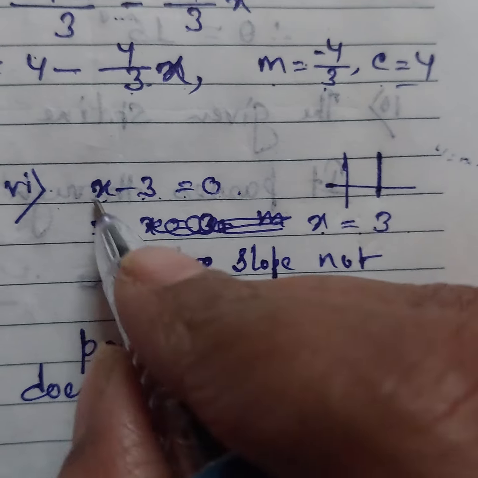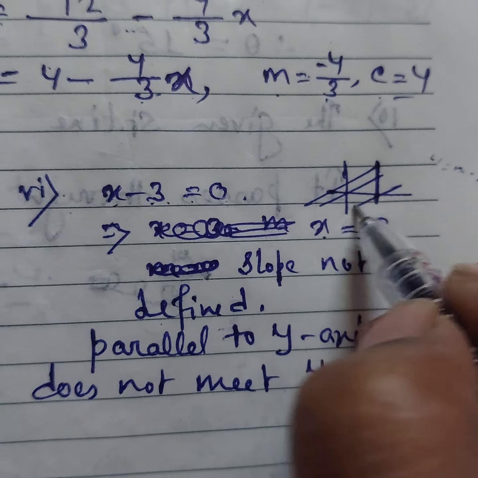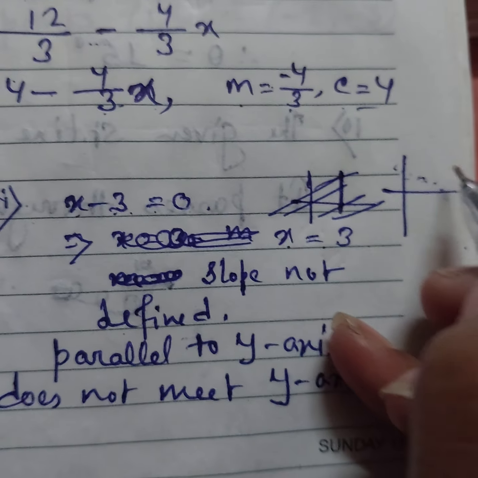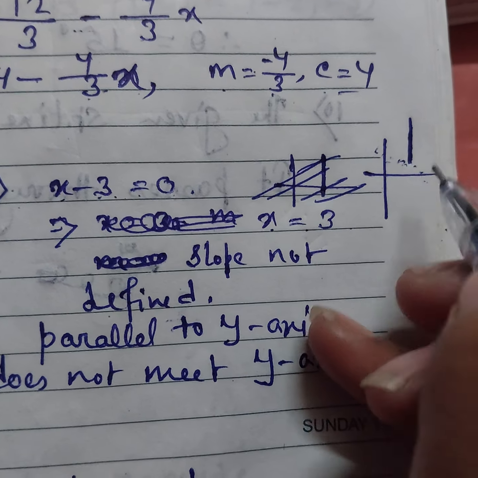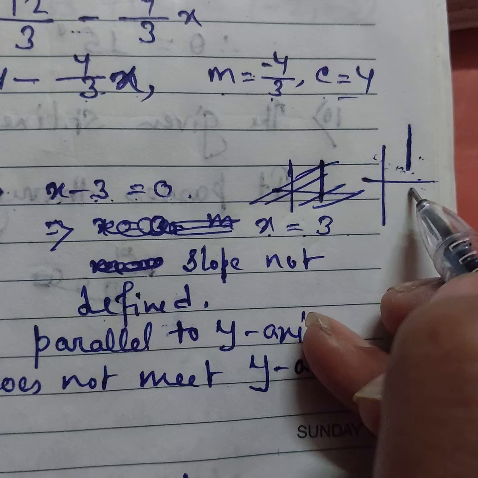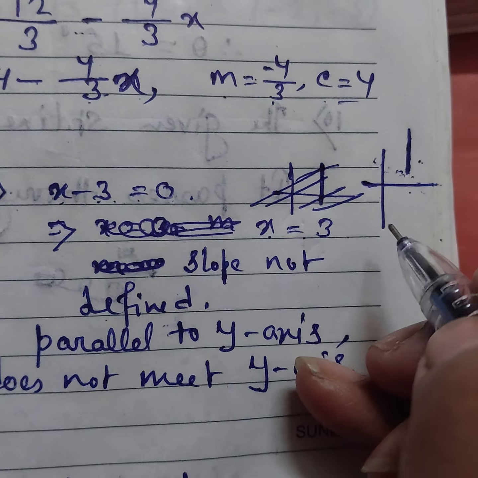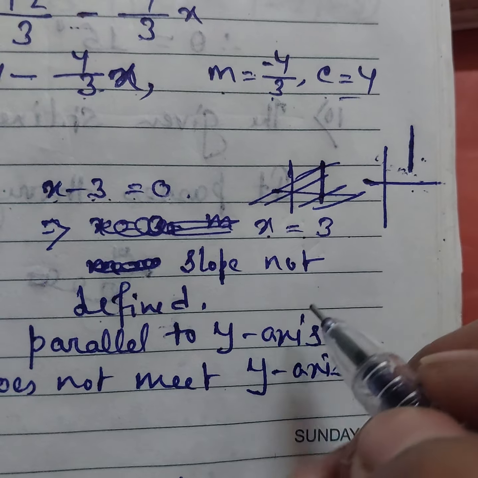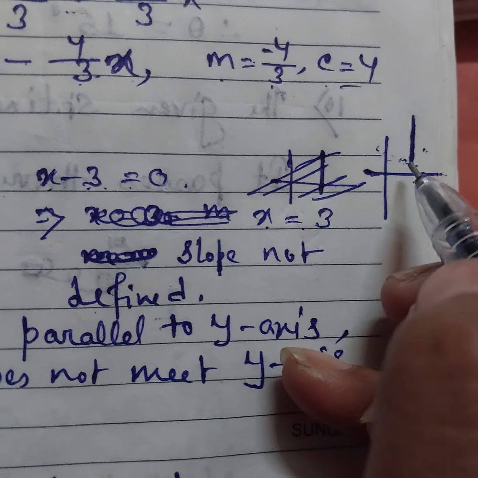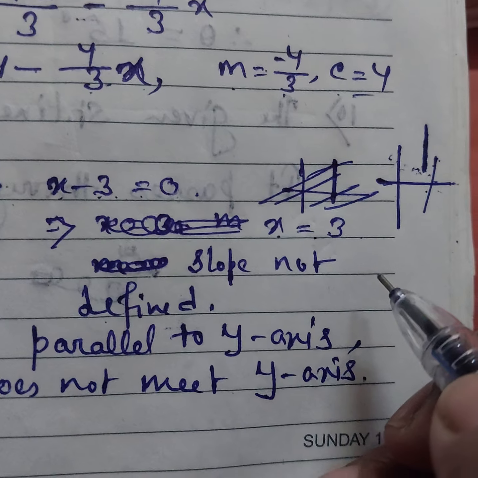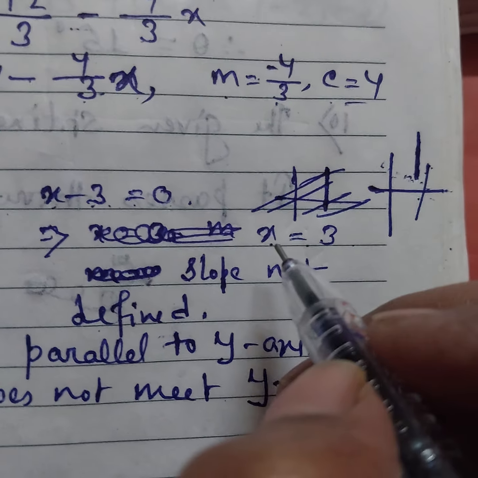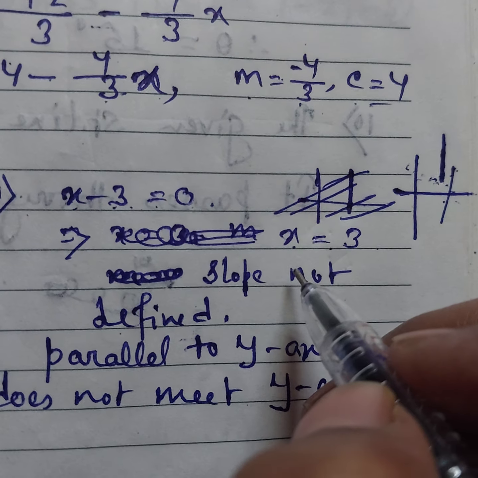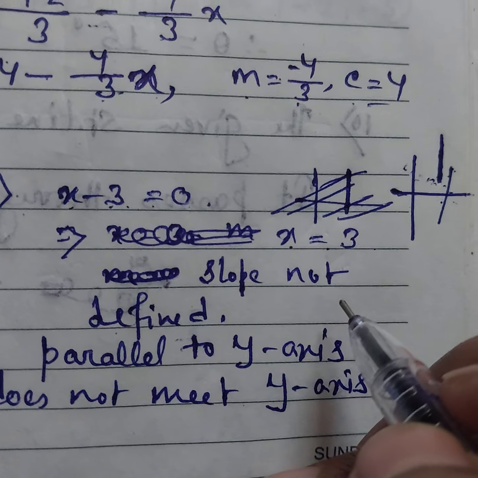This line is parallel to the y axis. So it may happen that it will not cut the x axis, so there is no inclination, or it may cut the x axis. So we cannot define the slope exactly.